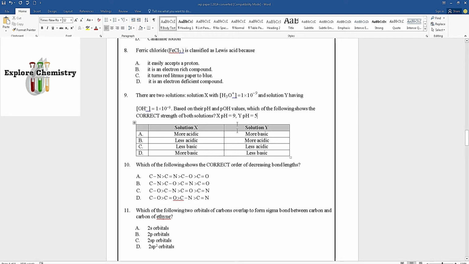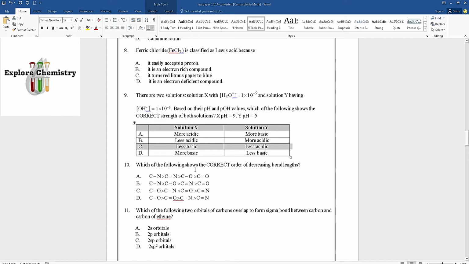So pH 9 represents a weak base and pH 5 represents a weak acid. So X is a weak base and Y is weakly acidic or less acidic. So option C is the correct answer.